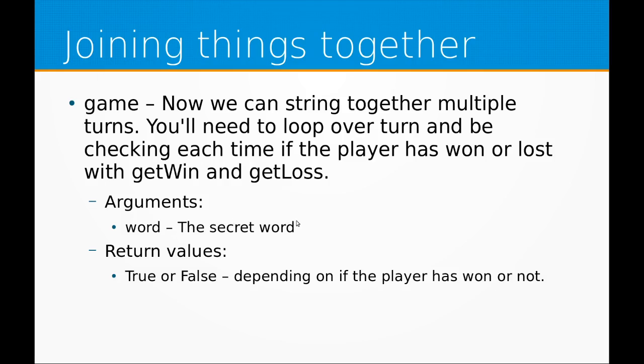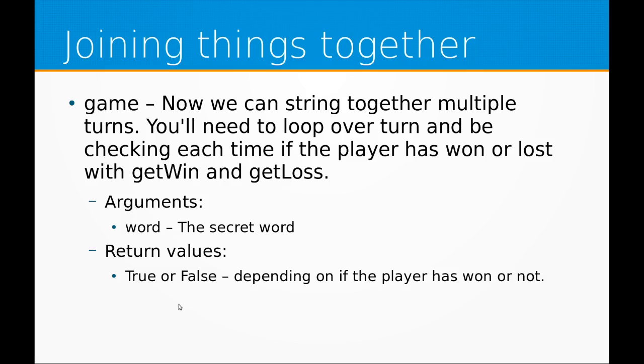And then throughout the process of this program, of this subroutine, it will be calling turn, which will be updating that list of correct and incorrect guesses. And it will keep going and looping over that until there's a win or a loss. Then once it's finished, it just needs to return true if it's a win or false if it's a loss.